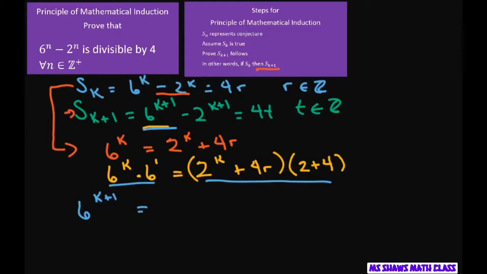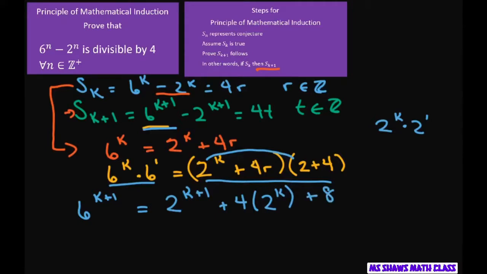All right. Now on this part, when you distribute this out, you're going to get 2 to the k times 2, which is 2 to the k times 2 to the first power. That's just going to be 2 to the k plus 1. And the rest is going to be plus 4 times 2 to the k plus 8r plus 16r.